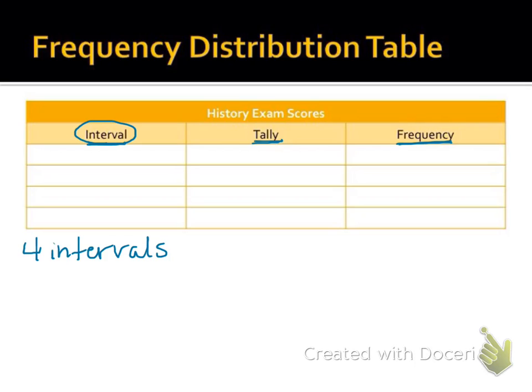Okay, so how do we find those intervals? Well, first we want to find what is basically the range of our values. So remember, we had a minimum score of 68 and a maximum score of 99, right?